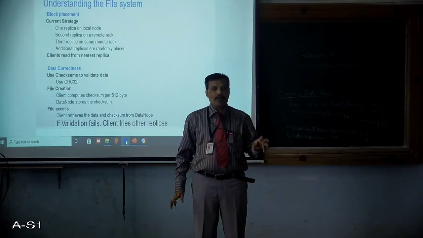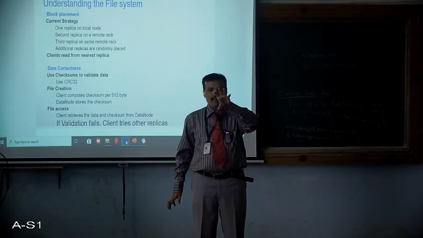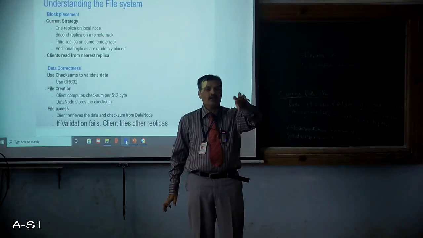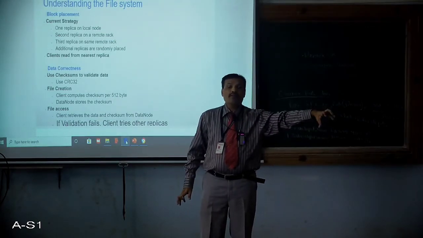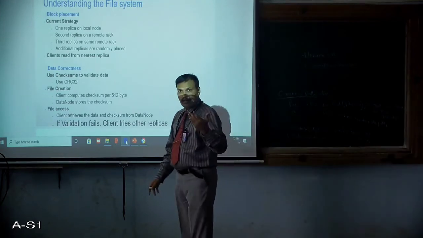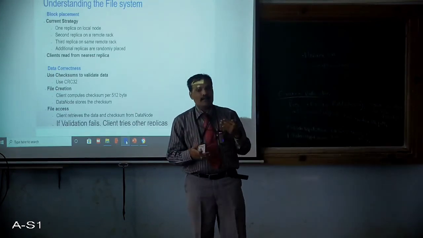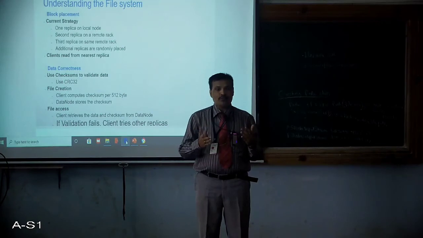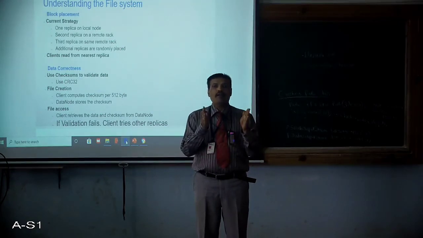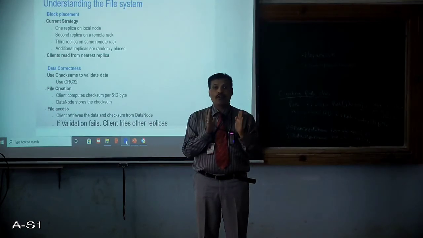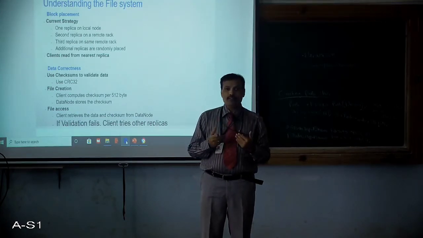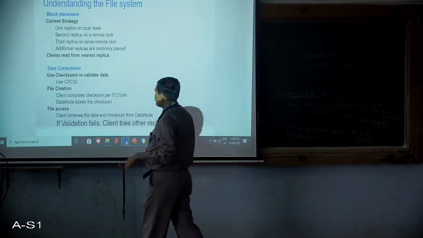For that reason, these data are stored as chunks or small blocks in different data nodes of different racks. That is what the replicas are. How many replicas, and managing those blocks, is completely managed by the data node and name node. You need not worry about this. All these things happen in the background.